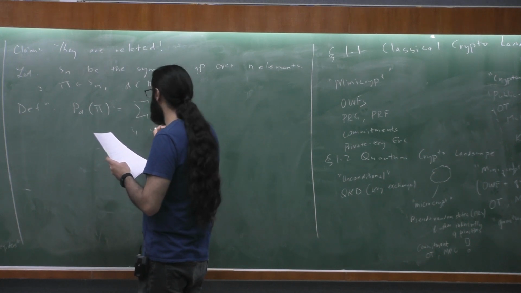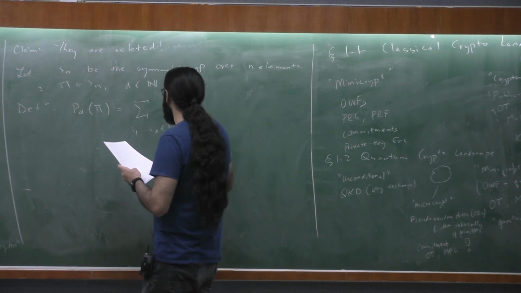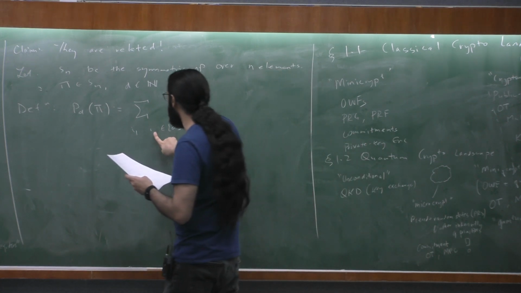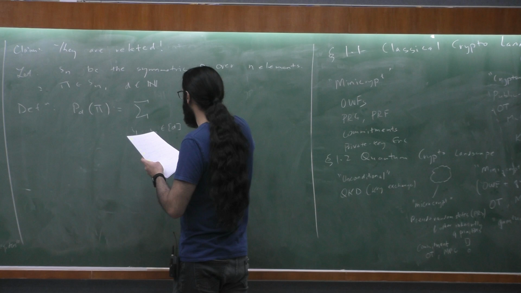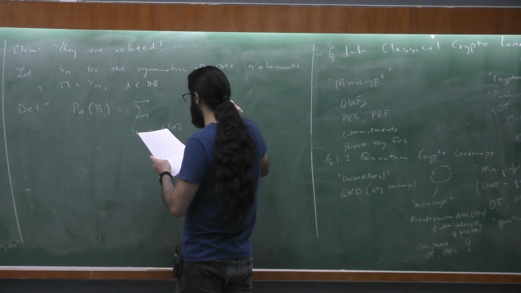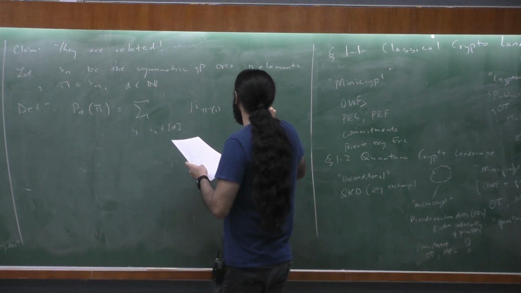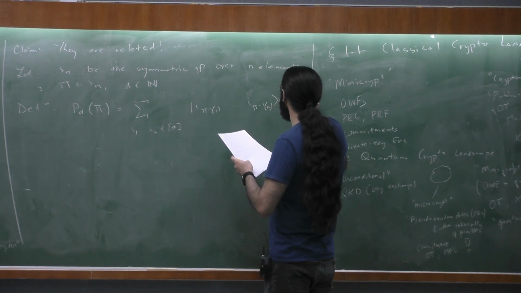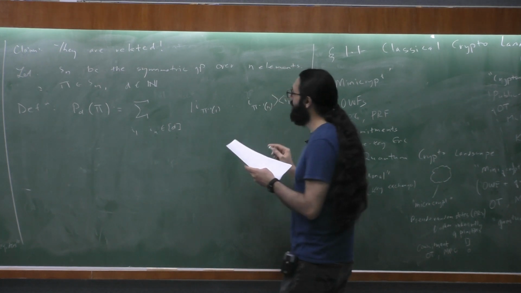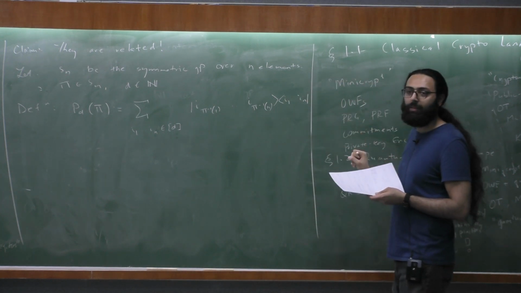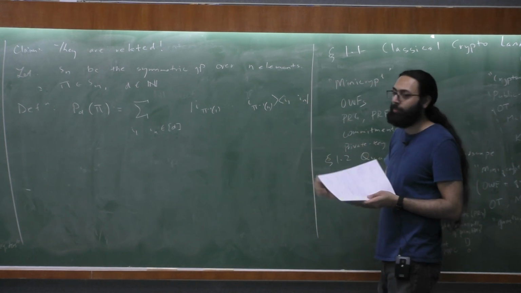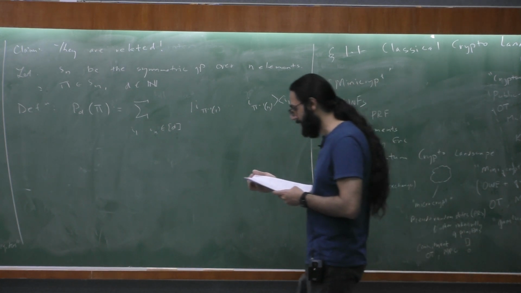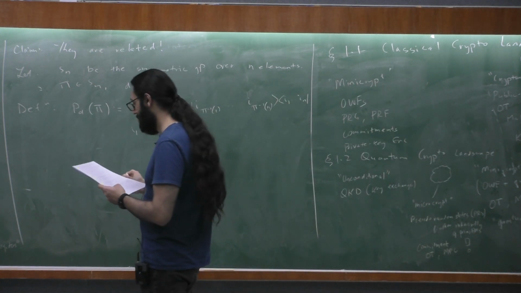You go from i1 to in, so this notation is just 1 to n, right? Because you have n registers. And you're sending it to i pi inverse 1, ..., i pi inverse n. Basically, you take your input register and you're permuting it with pi. You're doing it for every basis element.